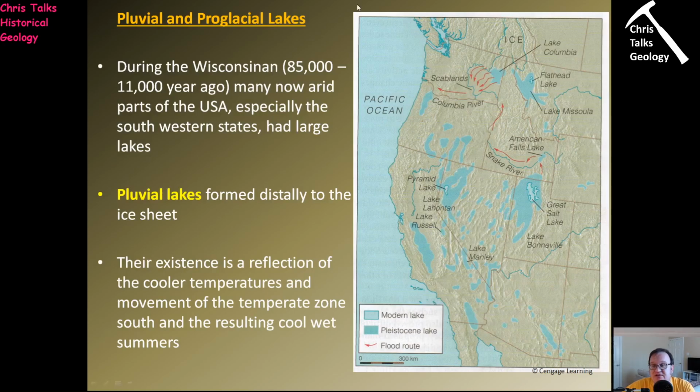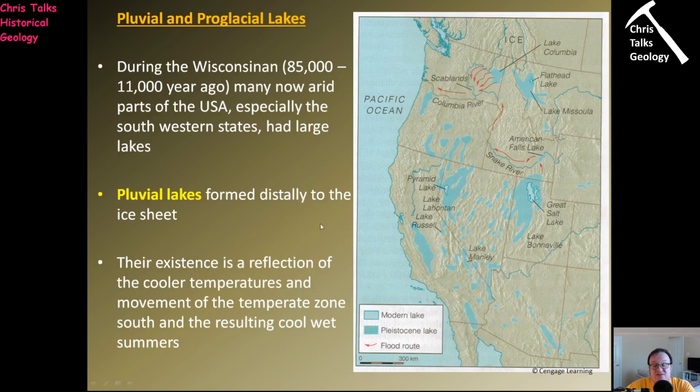So we've discussed how this area essentially became temperate, and the water coming off the glaciers produced very, very large lakes in this area. So it would have been an area of forests and grassland and large lakes. It would have been quite a pleasant place to be, actually. Now, the lakes that form away from the glacier are referred to as pluvial lakes.